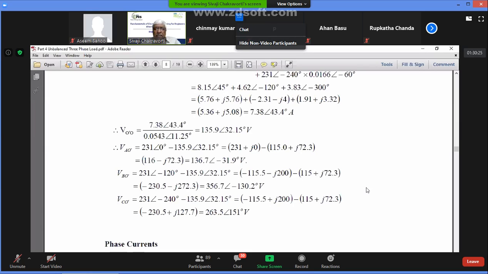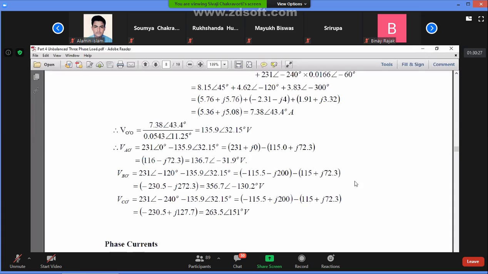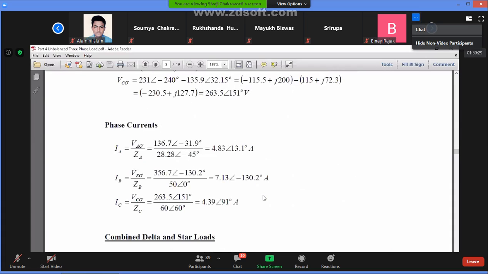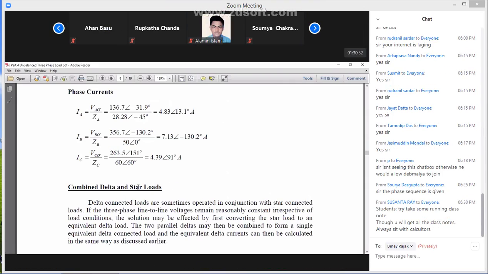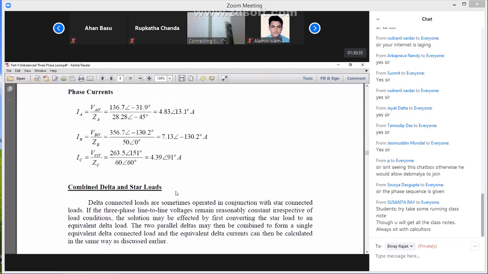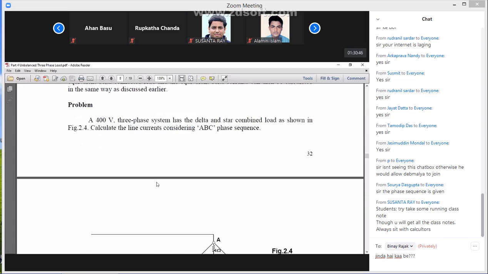How? Very simple. That is source phase voltage minus the neutral shift. So source phase voltage minus the neutral shift is the load phase voltage. So you can see the load phase voltage: VAO prime 136 volt, VBO prime 356 volt, VCO prime 263.5 volt.